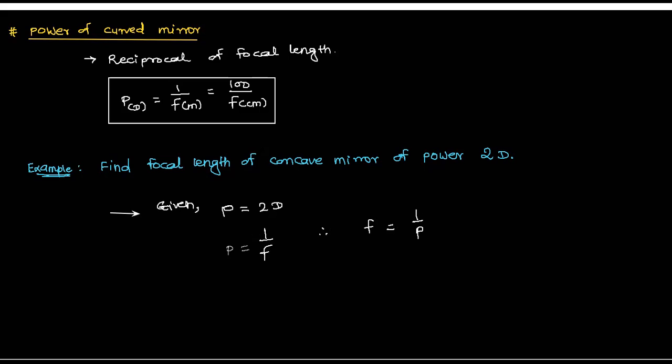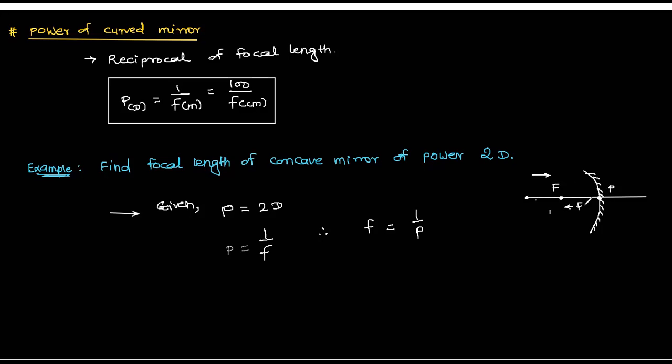But which mirror is this? Concave mirror. If you see in the diagram here, this is a concave mirror. I'm just telling you how to take sign. This is focus, and here is the pole. You are going from pole to this side against the direction of light, which falls in this direction.